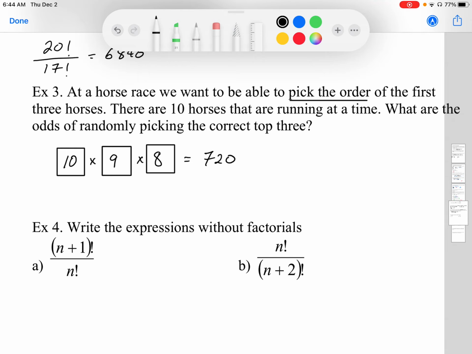So the odds are going to be 1 out of 720. So the probability of getting the 3 horses correct is going to be 1 out of 720. And again, because this is descending multiplication, it is NPR, so we can just do 10 NPR 3 to get the exact same solution.